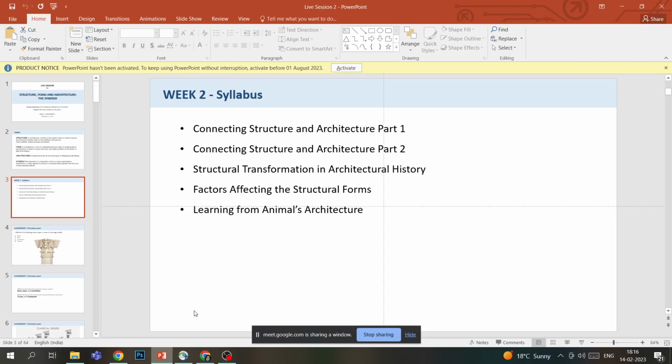Methods can be distinguished into two parts mainly, which are in situ construction and ex situ construction.